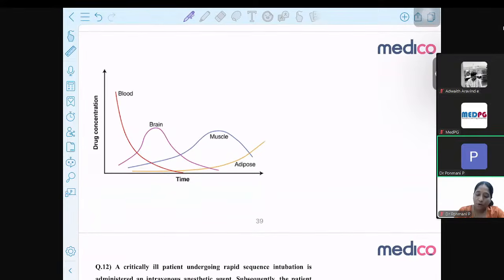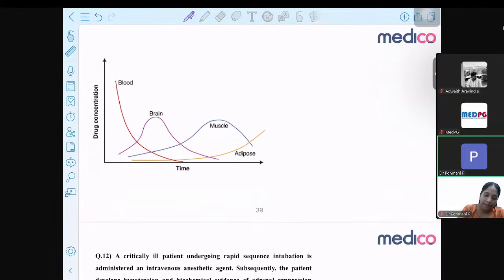When thiopentone is administered IV, the concentration in the blood is going to be high. Then, as the blood concentration reduces, it first distributes to the brain. So the brain concentration increases when the blood concentration is reduced.